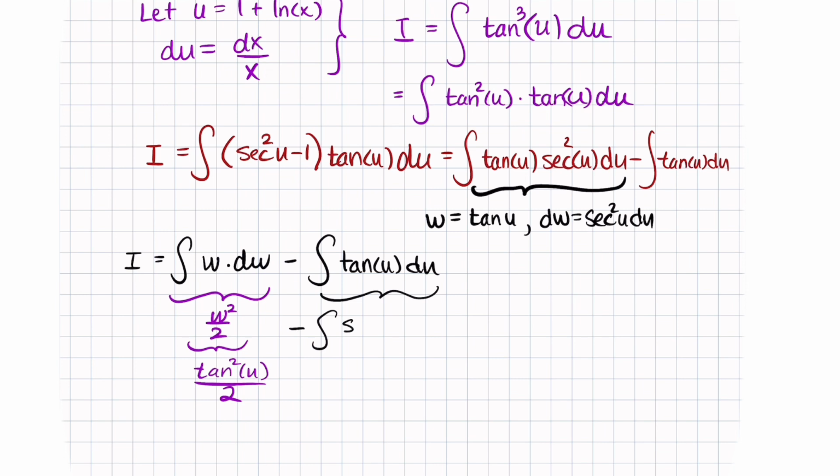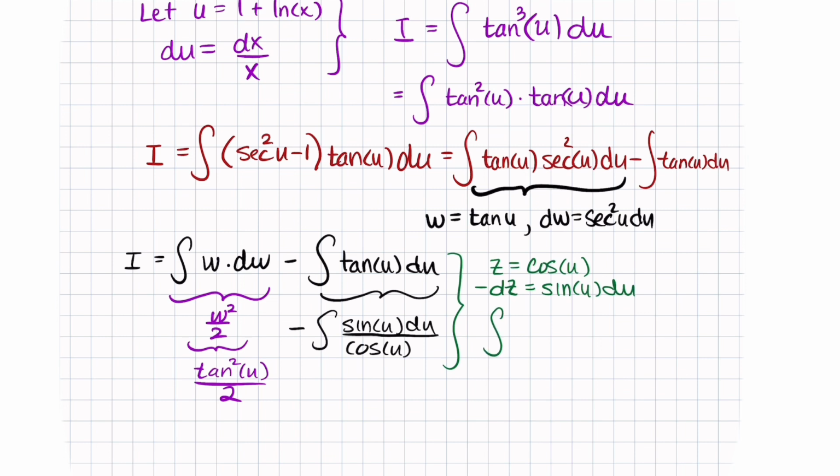Now, we're going to rewrite that second integral of tan as sine u over cosine u, and then we can make another substitution. We'll let z equal the cosine of u, and differentiating z, we'll get dz, and then switching signs to the negative, we'll get negative dz equal to the sine of u du. And with some substitution, this is going to work out to be a nice integral that's going to work out to a natural log.